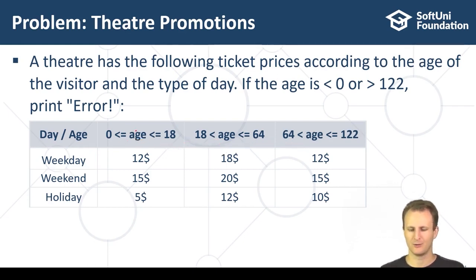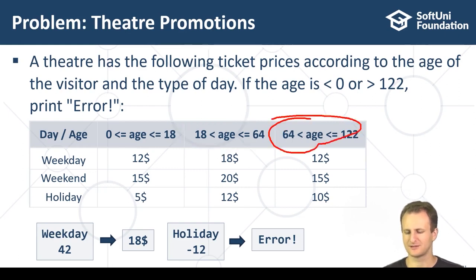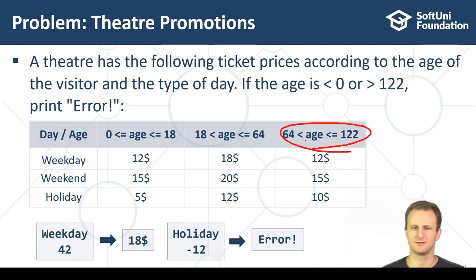So we have a day, and we have an age, which are entered. Okay, so for one day value, we have the check of whether the age is larger than 0 or less than 18. And then we have the check for between 18 and 64, and then we have the check for between 64 and 122.